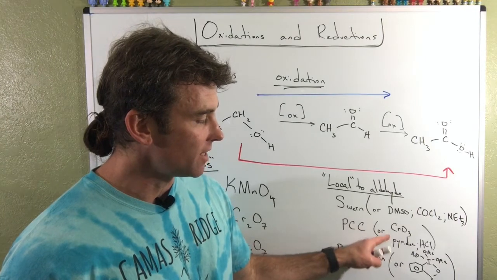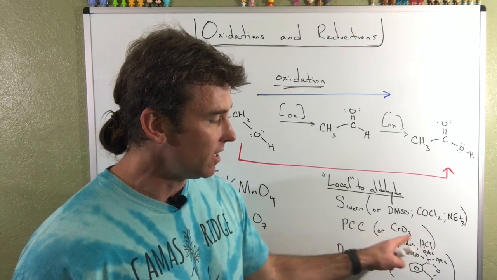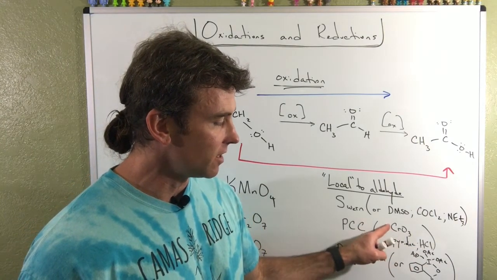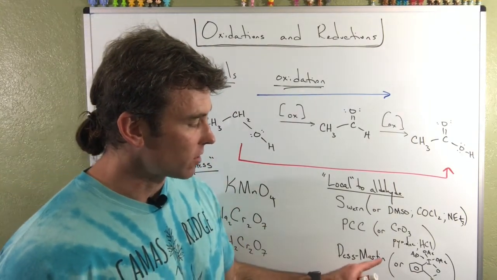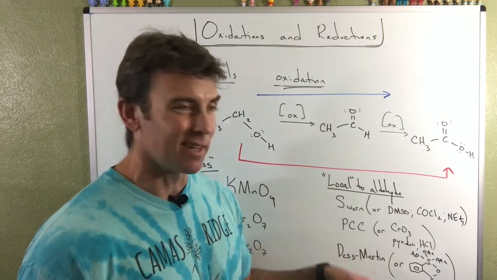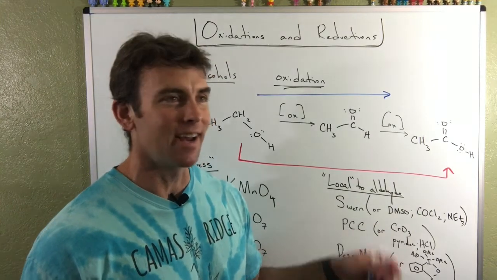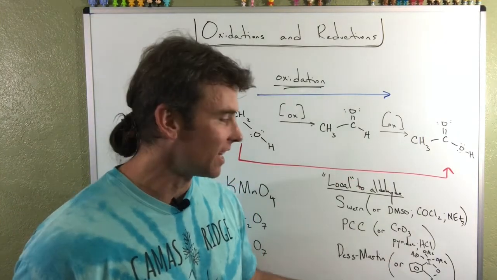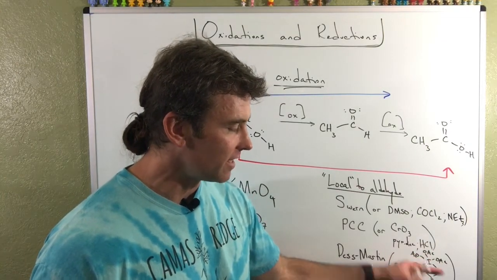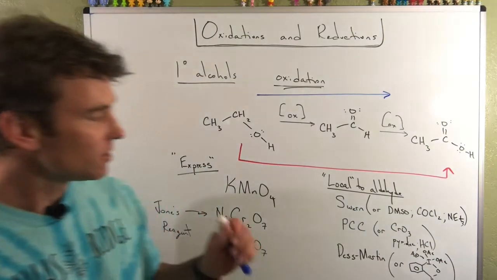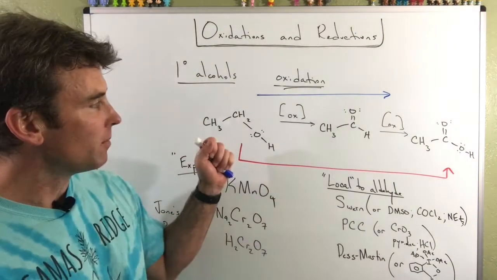Usually you can recognize that from the presence of pyridine, HCl in anhydrous conditions with CrO3. And then also this crazy Dess-Martin reagent, which I think is called periodinane or something like that. But it's this crazy looking iodine species with a whole bunch of acetate groups. You can't miss it. So these are all pretty important reactions.